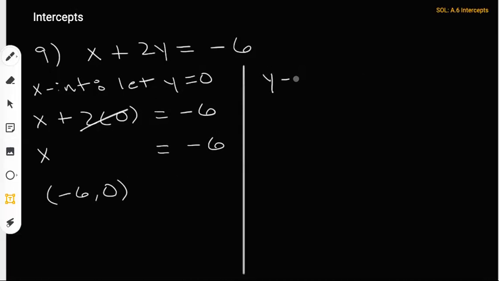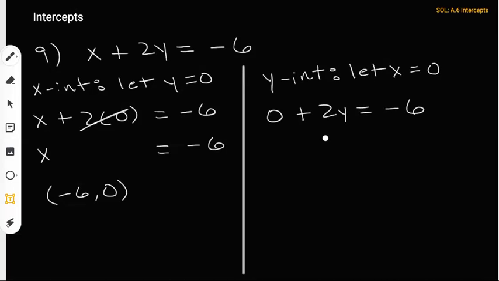Over here, the y-intercept, I can get that by letting x equal 0. So when x is 0, I get 0 plus 2y is equal to -6. I can write that as 2y is equal to -6.